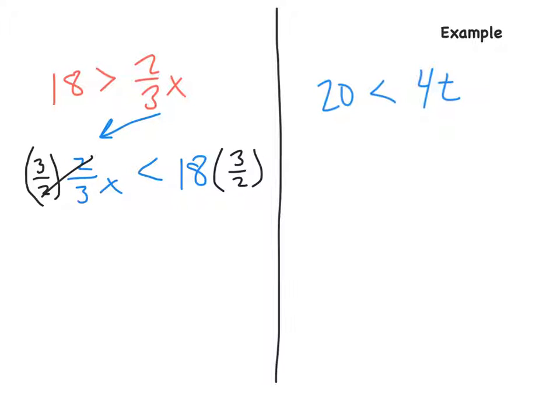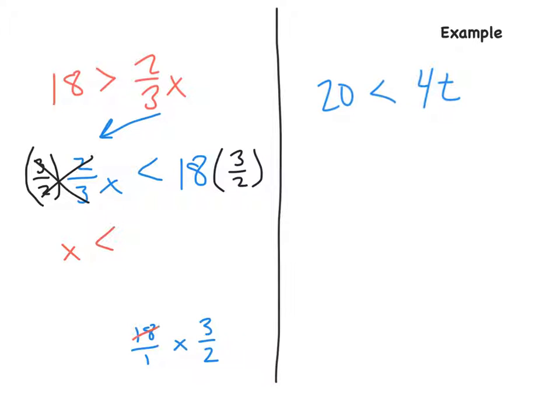On the left, these cancel out, and all you have left is x is less than. Now we have 18 times 3 over 2, or 3 divided by 2. So remember, to solve that, how do you write 18 as a fraction? 18 over 1. And you multiply 3 over 2. Remember, you can cross simplify. So 18 and 2 can be simplified, both of these can be divided by 2.